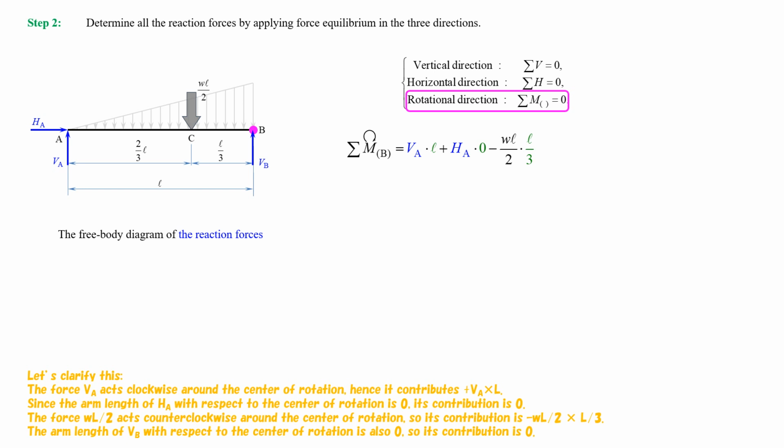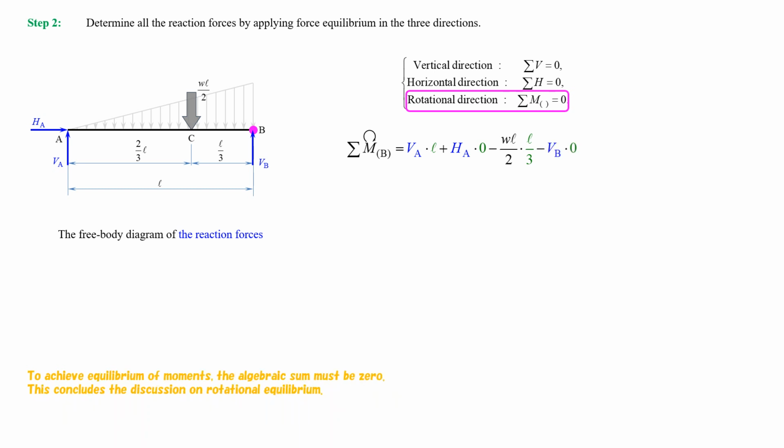The arm length of VB, with respect to the center of rotation, is also 0, so its contribution is 0. To achieve equilibrium of moments, the algebraic sum must be 0. This concludes the discussion on rotational equilibrium.